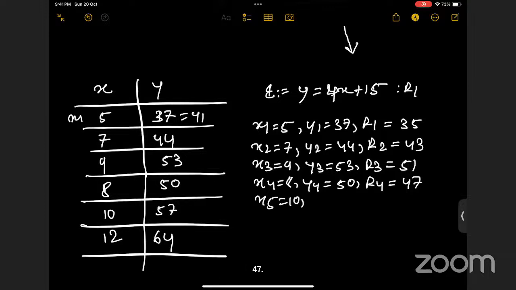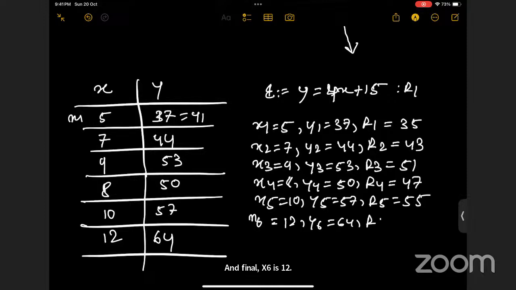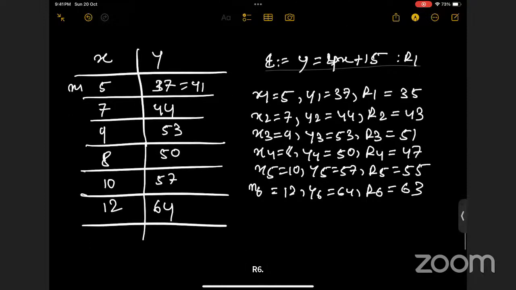X5 is 10, y5 is 57, and what is r5? 55. And finally, x6 is 12, y6 is 64, and what is r6? 63, ma'am. 62 or 63? 63.